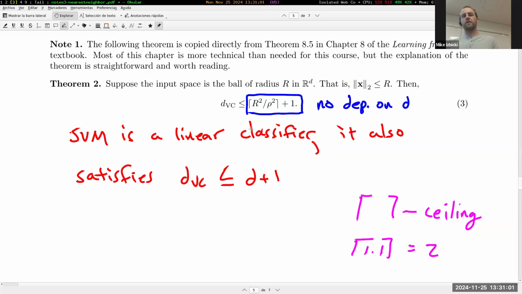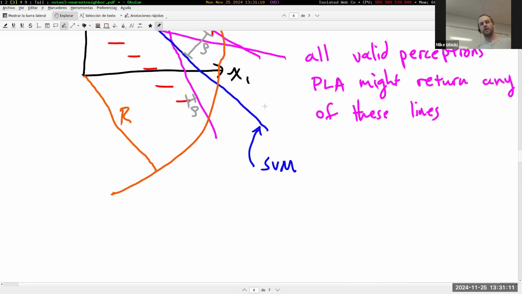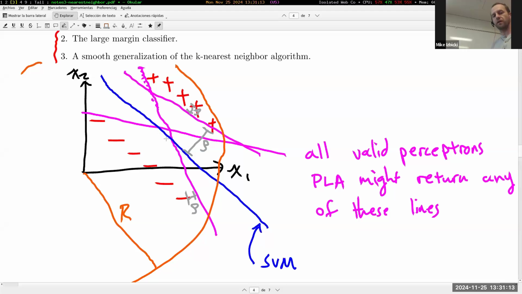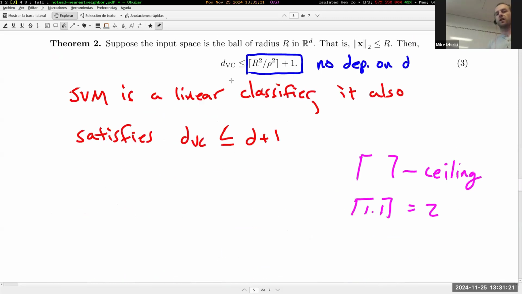Another weirdness, though, is that this R squared and rho squared are somehow dependent on the data. The R squared and rho squared of this particular data set right here is going to be different than the radius and the margin of a different data set. And the way we've talked about VC dimension is that it should not be dependent on the data in any way.